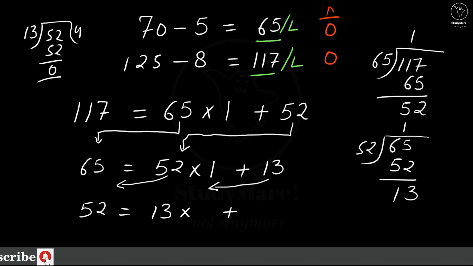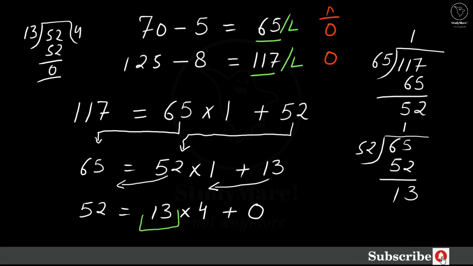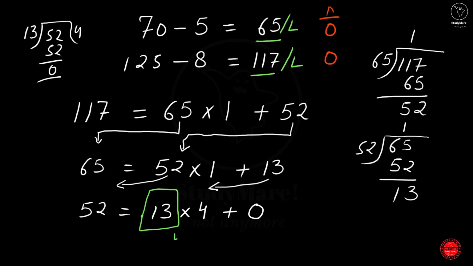So here we have 4 and here we have 0. Now as we get the remainder as 0, that means we are done. Our process is complete and the last divisor, that is our HCF and the final answer.